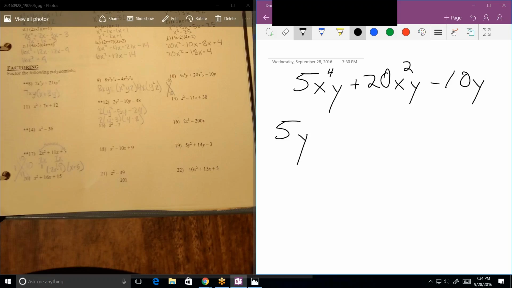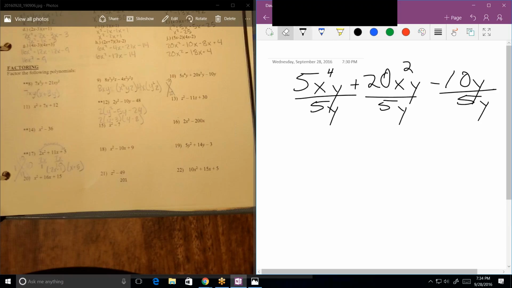In other words, when you factor something out, it means when I divide that by 5y, I'm going to get an integer. I have to divide that by 5y and that by 5y. That's what factoring means, you're dividing every term by 5y.